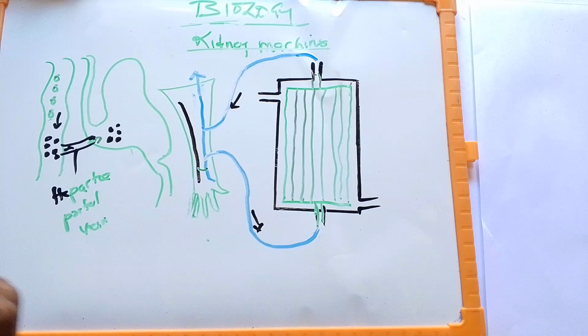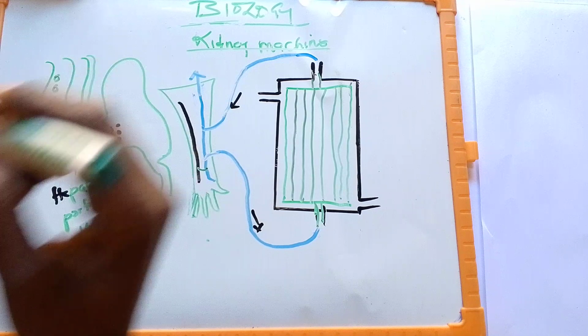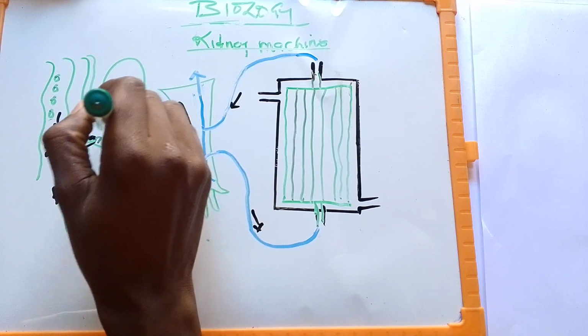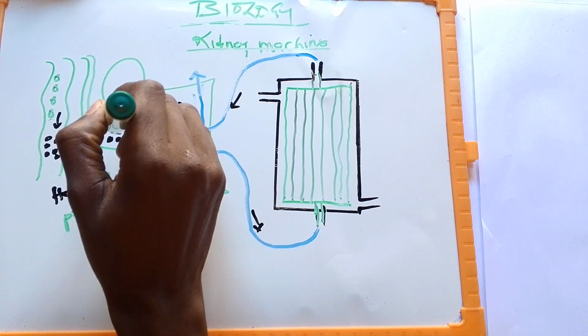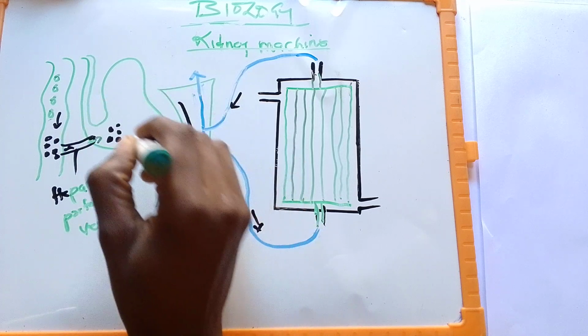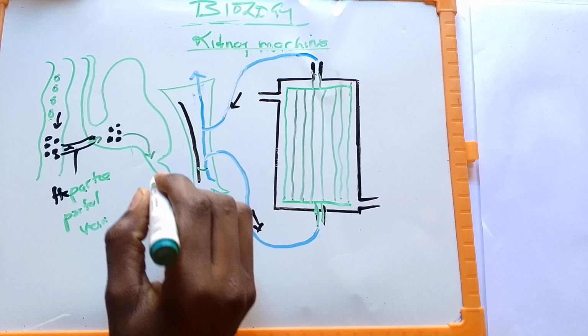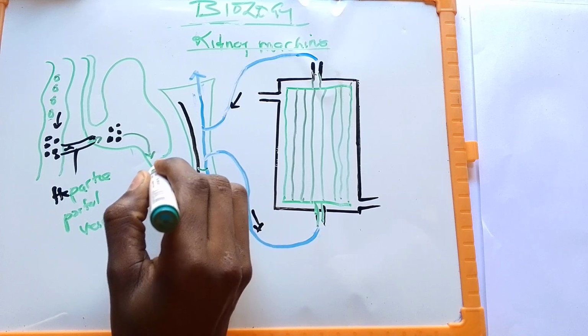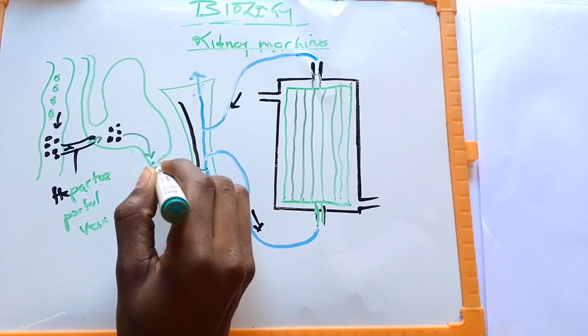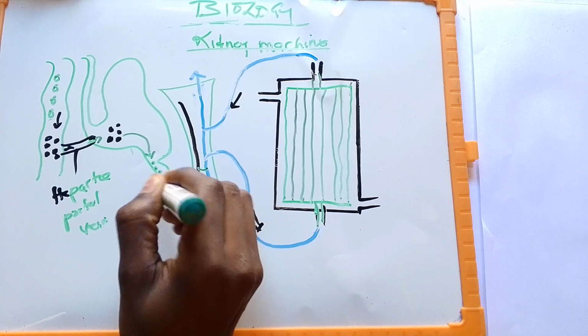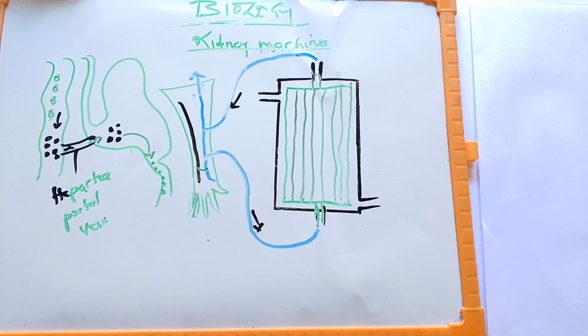Now from here, the amino acids that are needed in the body are released into the circulation, so they are going to come in this direction. The amino acid has now been sent into circulation for its function in the body.